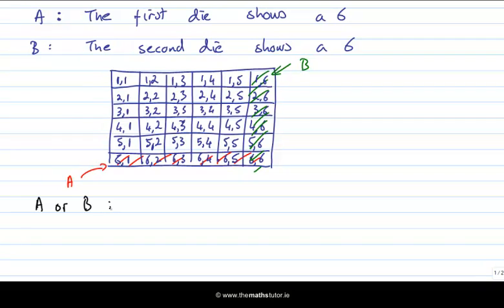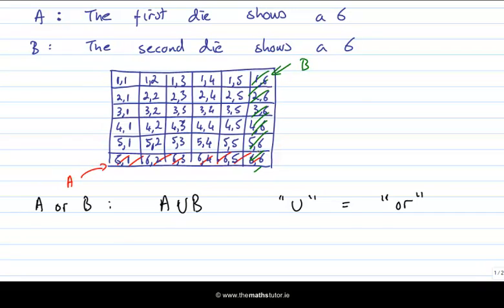Often that's written as A union B. We use this union symbol here. Union and or in this context really mean the same thing. In the sample space, that's the union of the red and the green areas. So it's this L-shaped area consisting of the last row and the last column of the sample space.